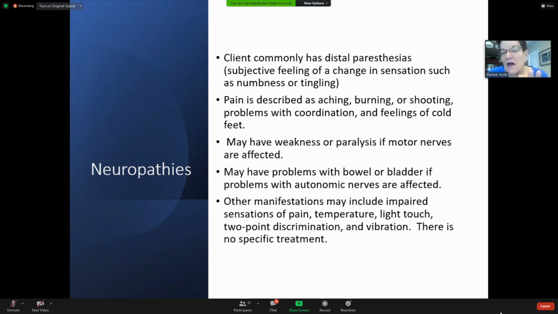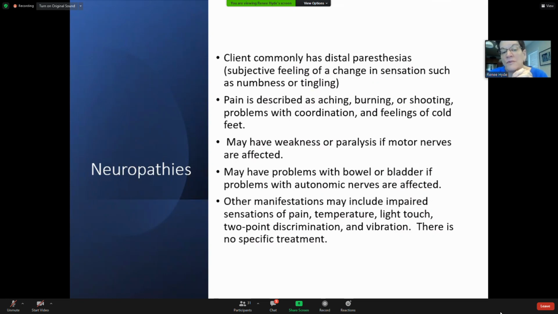They can have weakness or paralysis if the motor nerves are affected. And some patients will have a neuropathy of the autonomic nerves that innervate the bowel or bladder. Some other sensations that you may see impaired are sensation of pain and temperature and light touch, 2-point discrimination, vibration.